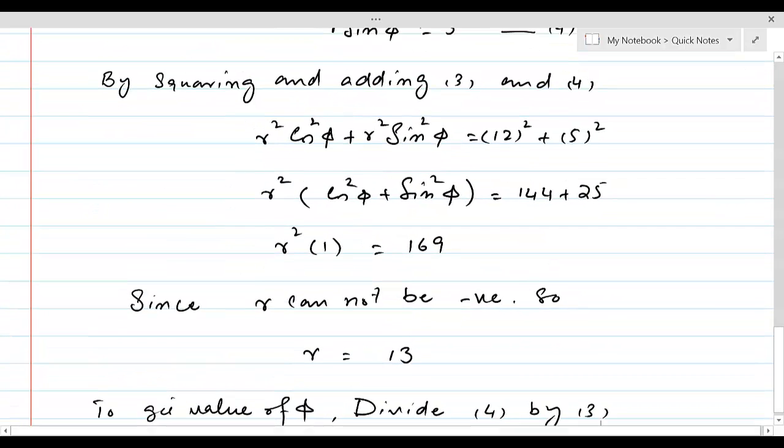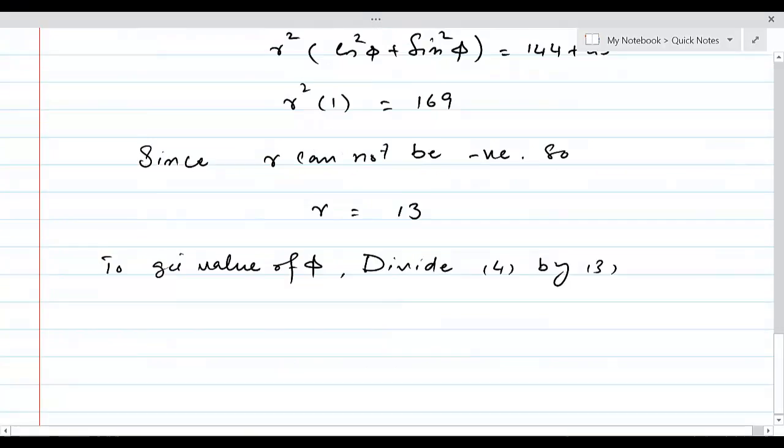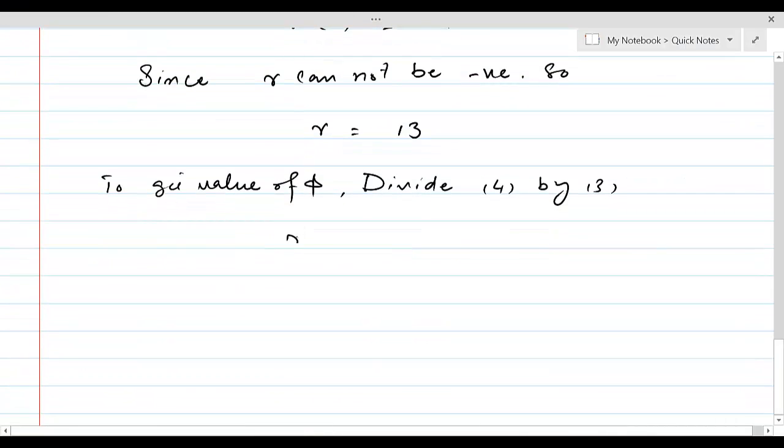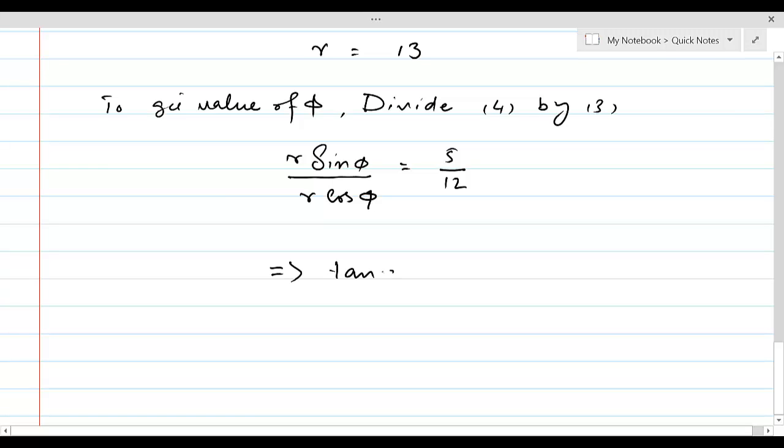So if we do that, then this would be r sine phi divided by r cos phi, equal to 5 over 12. r will get cancelled and we will have tan phi equal to 5 over 12.